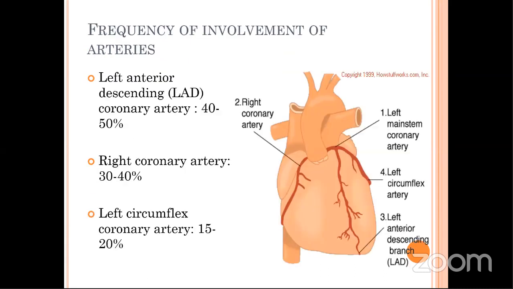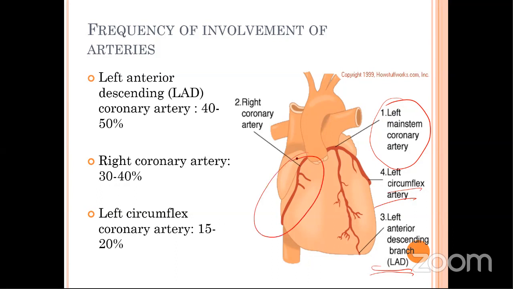Now, let's see which arteries are mostly involved. In the diagram on your right of the vascular supply of the heart, number one is the left main stem coronary artery, and it divides into the left anterior descending branch and the left circumflex artery, and then there is the right coronary artery.